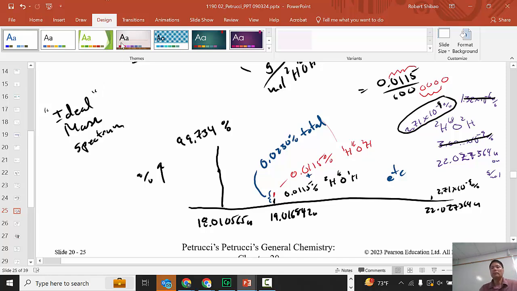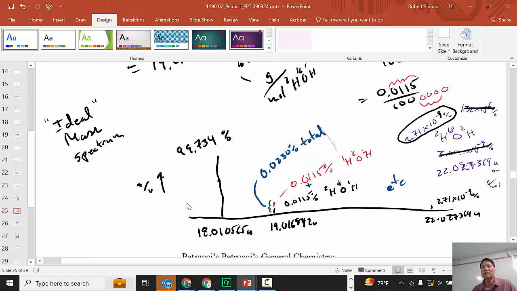All right, the question comes up, do I have to double this percentage? And so I have 2.71 times 10 to the minus 9%, H2O18H2. Should I double this like I did the last one? Are there two ways of making this or only one way of making this? There's only one way, so I'm not going to double this.